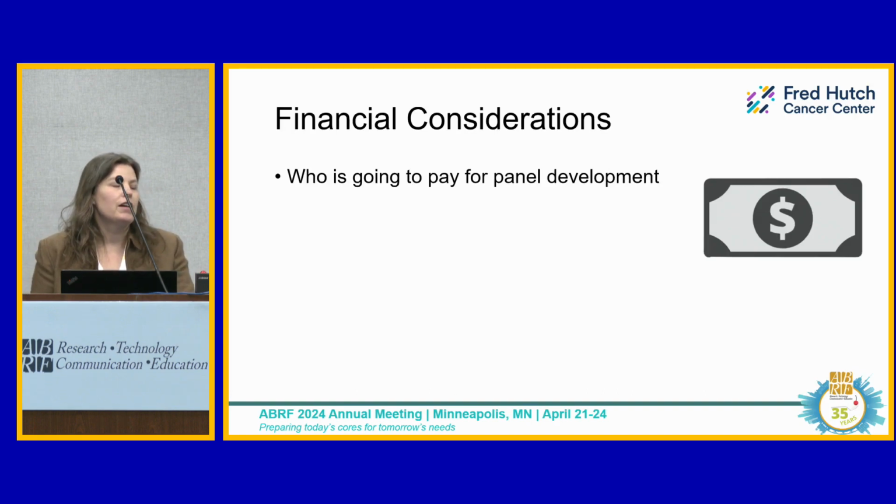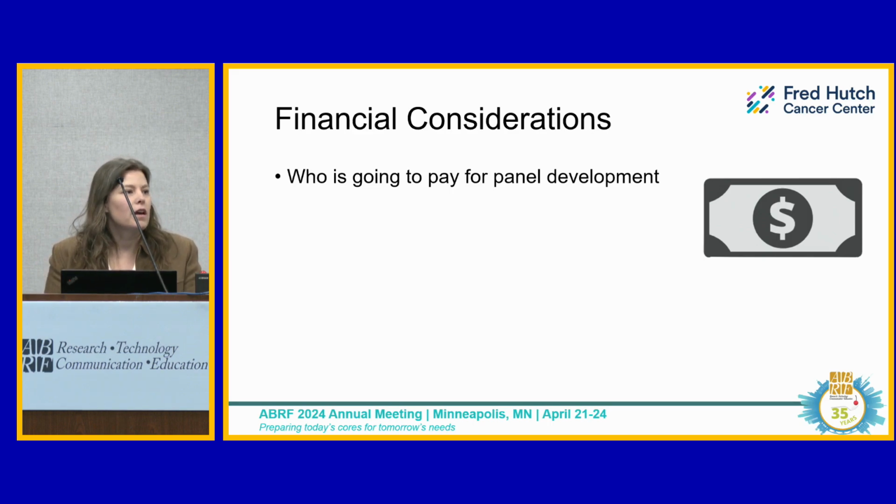But there are a number of financial considerations that you really need to be aware of if you're trying to get something like this started de novo from a histology lab. And early on, one of the things you need to think about is who's going to help pay for that panel development if you're trying to get a panel of multiple antibodies working at once. Do you have startup funds available? Would that be of use?